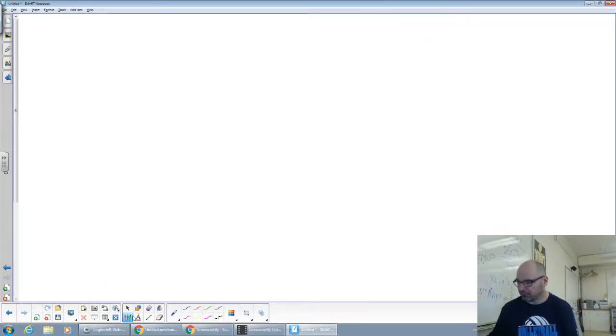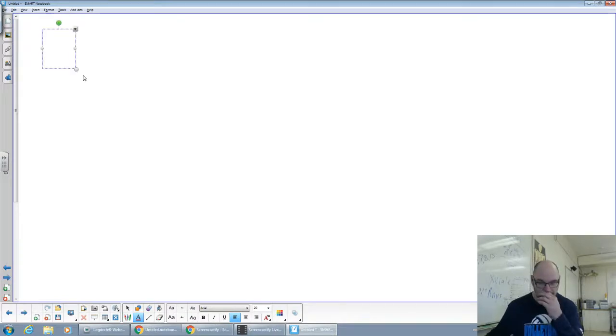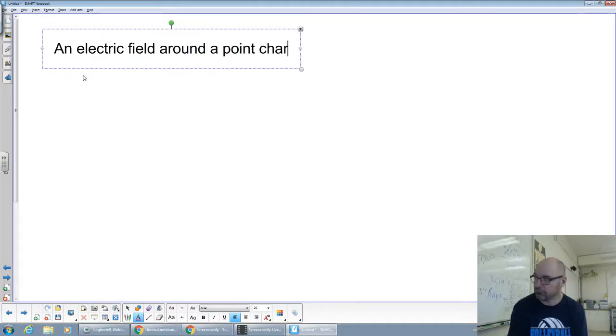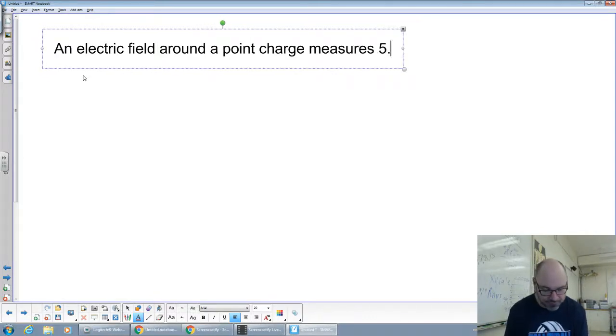So let's say we have an electric field around a point charge that measures, let's say, 5.6 times 10 to the 6 newtons per coulomb.